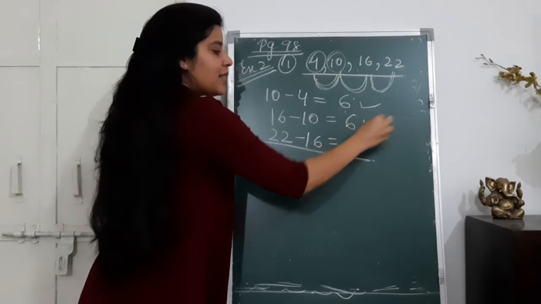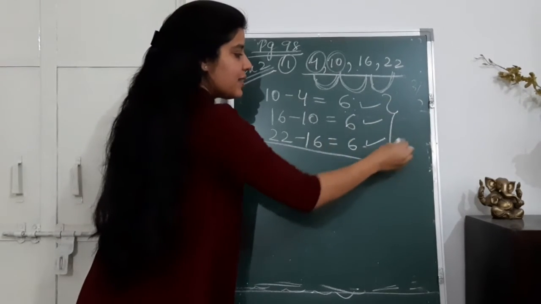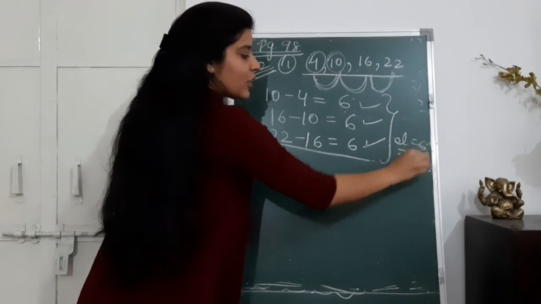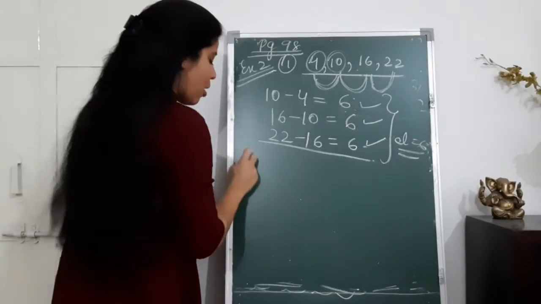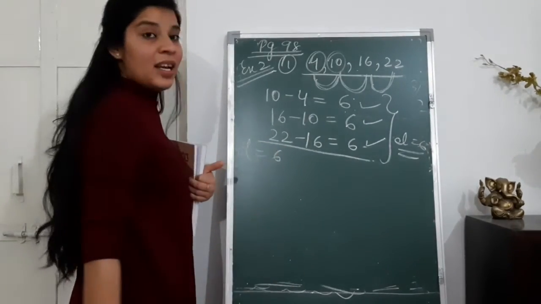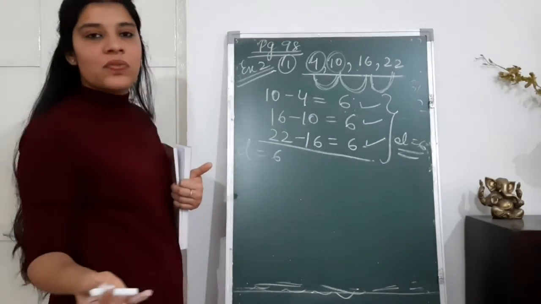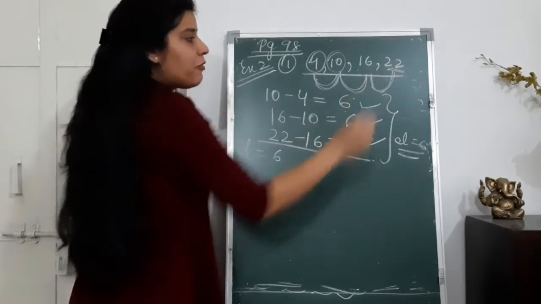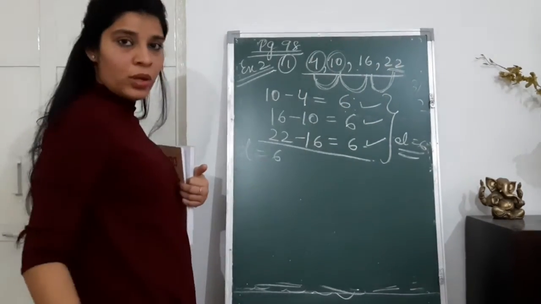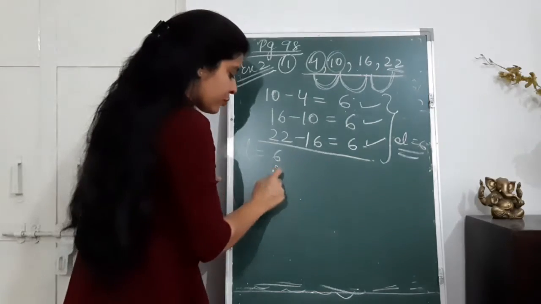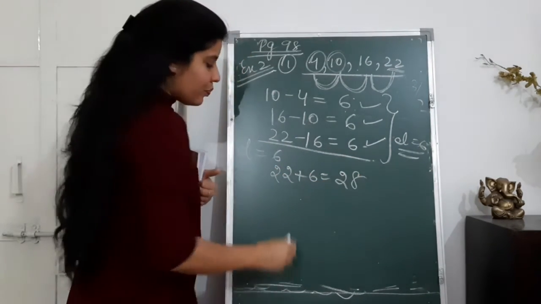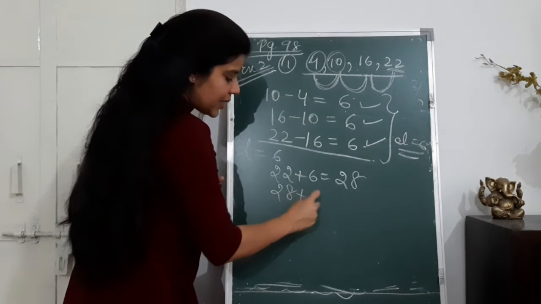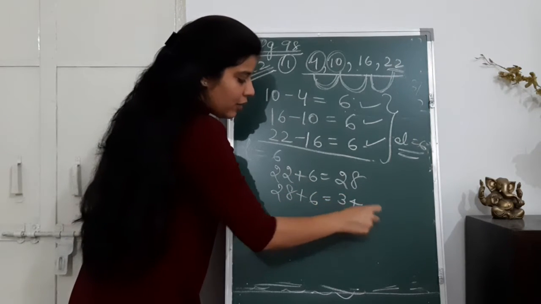So clearly we can see that the common difference is the same here. So D is equal to 6. Hence this list is forming an AP with a common difference of 6. Now what will be the next two terms of this AP? Clearly I have to add 6 to 22 and then I will get the next term. So 22 plus 6 is 28 and 28 plus 6 is 34.